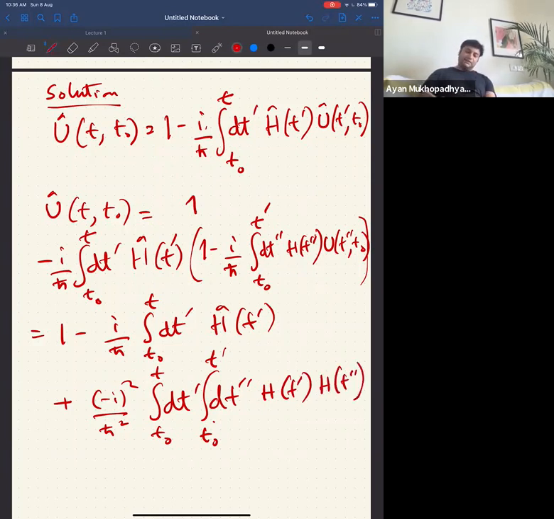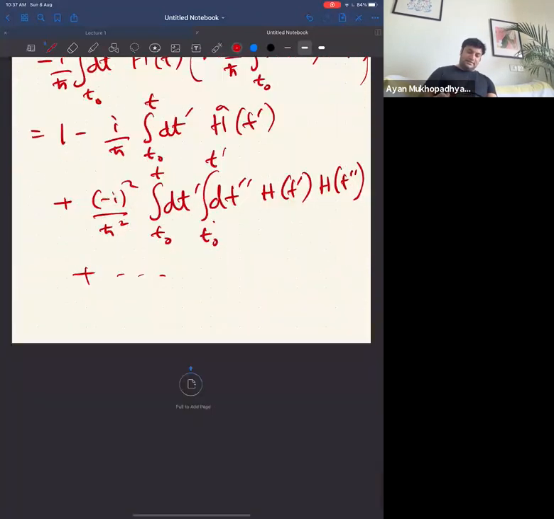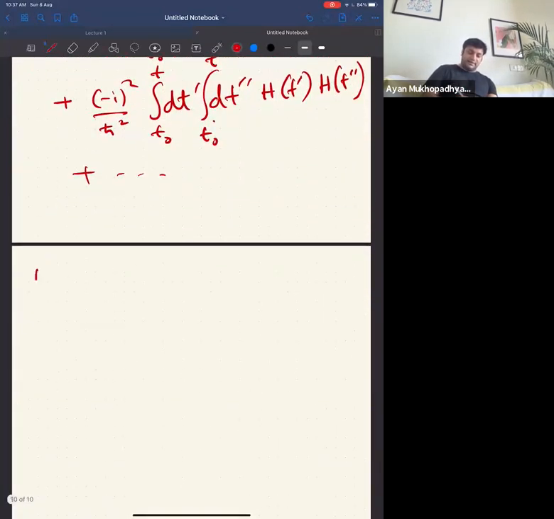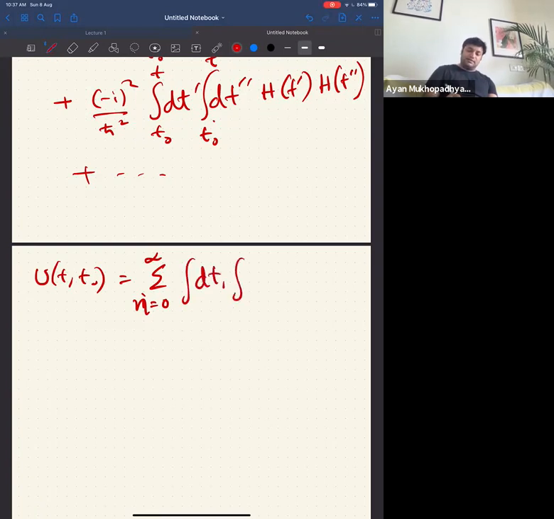Okay, and then you can easily see that I can write it in this way, that U(t, t0) would be equal to the sum n equal to 0 to infinity, and then I have dt1, dt2, up to dtn, where tn goes from t0 to t(n-1), and similarly every range will go from t0 to the next one.